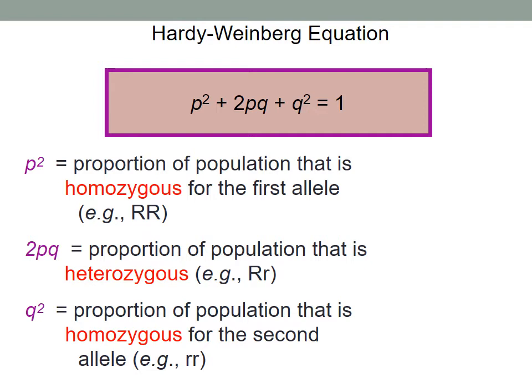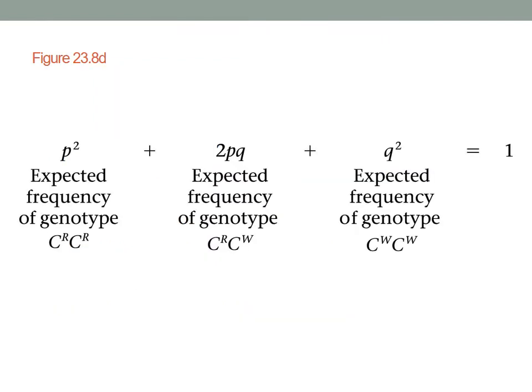And then your Q squared is your part of the population that's homozygous for your second allele, so that recessive allele. P squared plus 2PQ plus Q squared equals 1. Remember, P squared plus 2PQ plus Q squared equals 1.